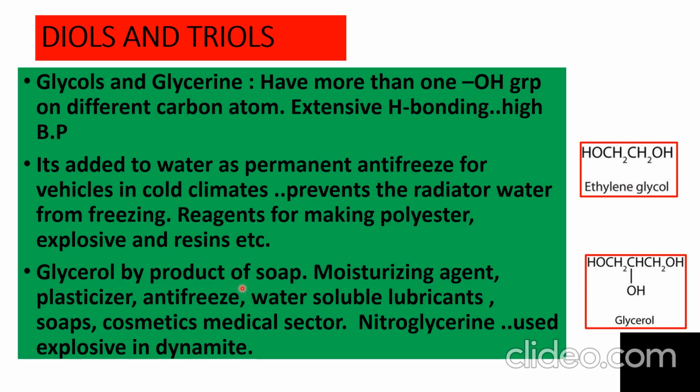Glycerol is a byproduct of soap. It is used as a moisturizing agent, plasticizer, antifreeze, water-soluble lubricant, in soaps, and in cosmetic sectors. And nitroglycerin is used as an explosive in dynamite also.